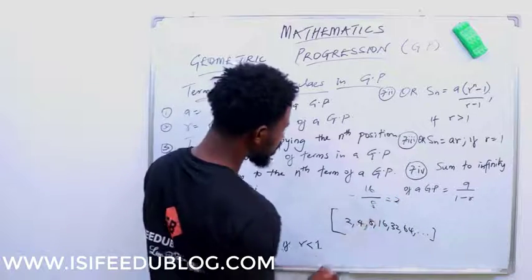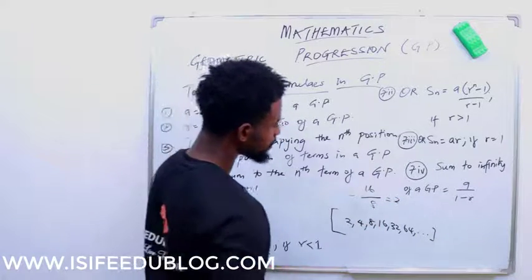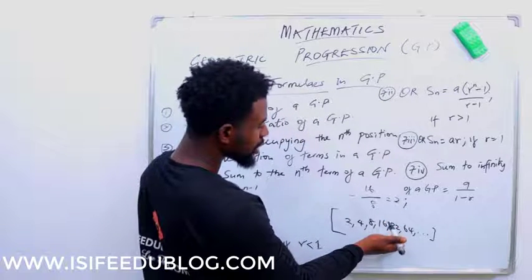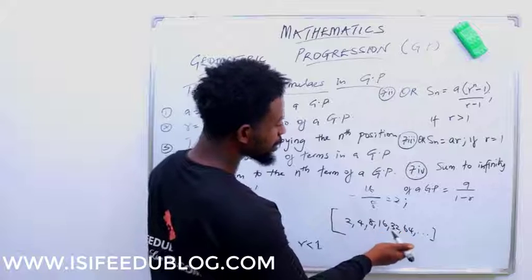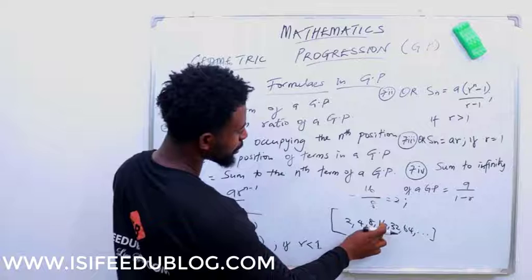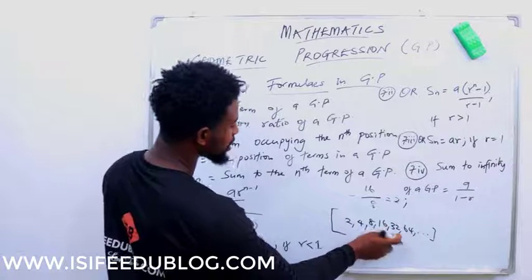Alright? Now I can also pick, let's say, the term occupying my fifth position. First, second, third, fourth, fifth. So the term occupying our fifth position is 32.